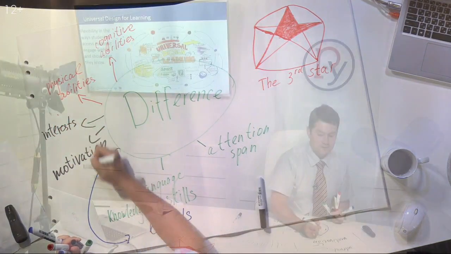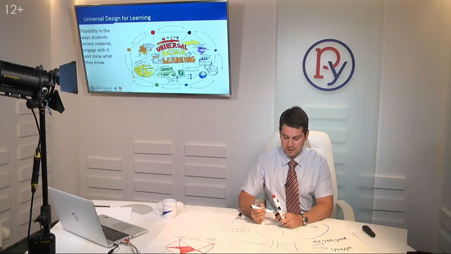Interests. There are students interested in football and students interested in fashion. And if you take it into consideration while designing your task, you will have both texts about football and examples from the area of football and examples from the area of fashion, which is super important while you are teaching teenagers.